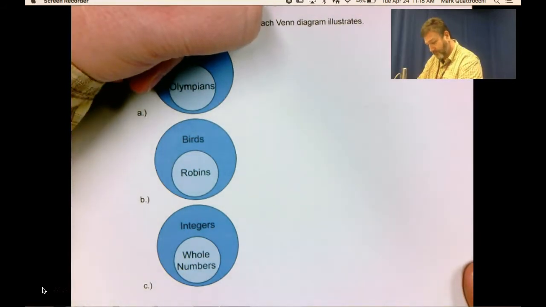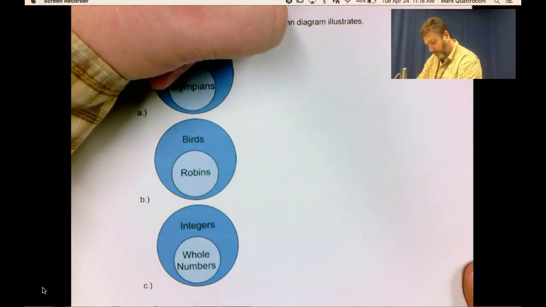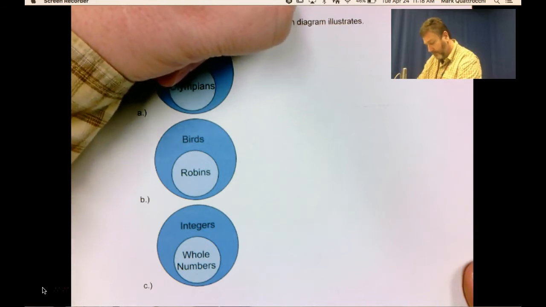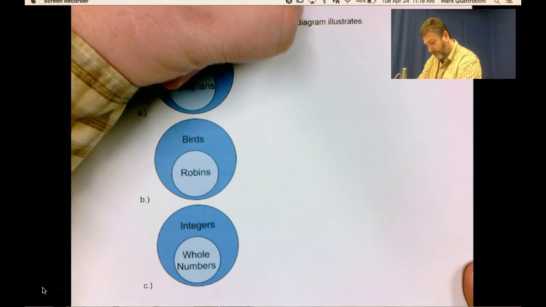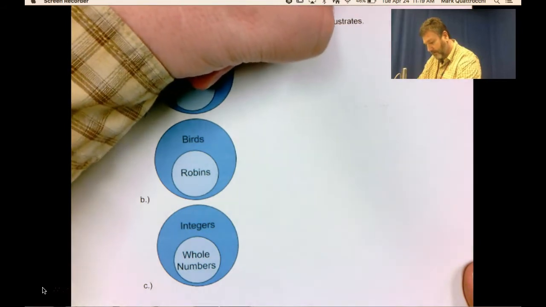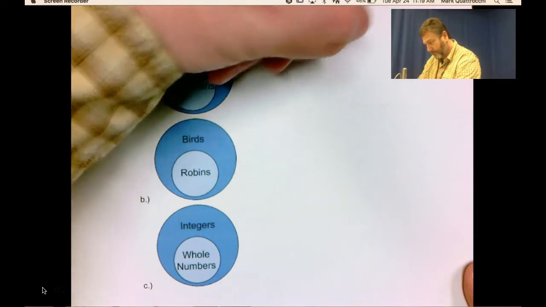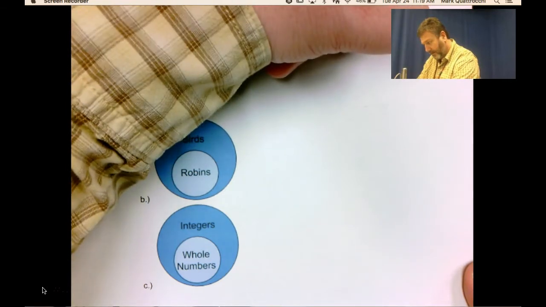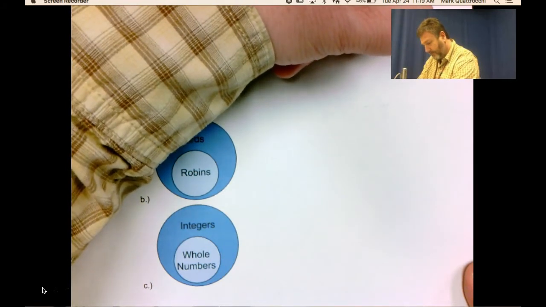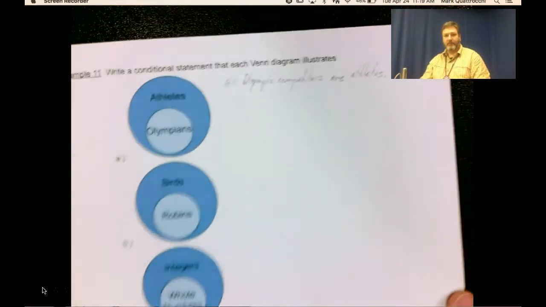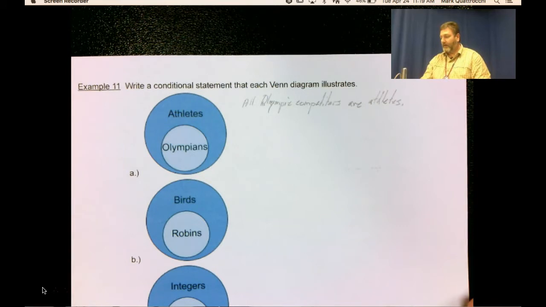All Olympic competitors are athletes. Or in if-then form: If a person is an Olympic competitor, then he or she is an athlete.